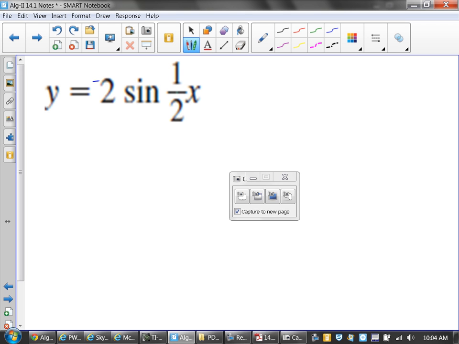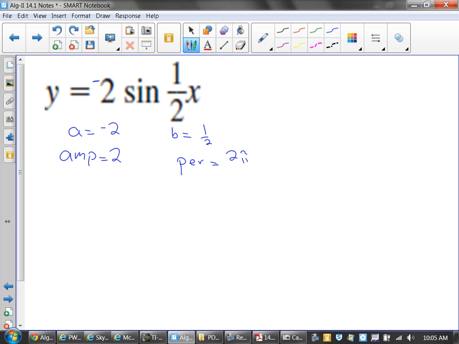Let's say it's y equals negative 2 sine of 1/2 x. Again, this means my a value is negative 2. My amplitude is still 2 because it's the absolute value. My b value is 1/2, so my period is going to be 2 pi divided by 1/2, which is 4 pi.